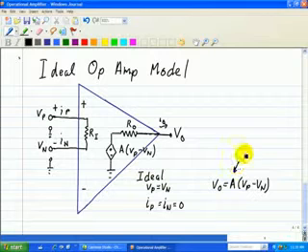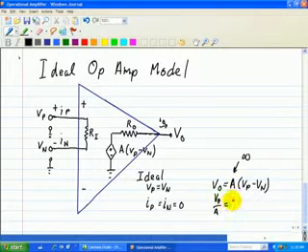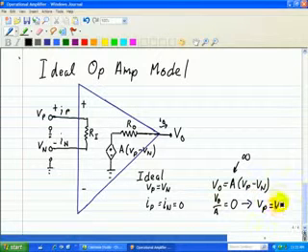But A, we can assume, is very large or infinite. When that's the case, VO divided by A is approximately equal to 0, and that means that VP equals VN, since A has very high amplification.